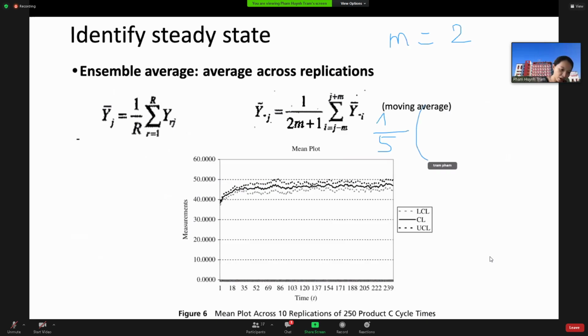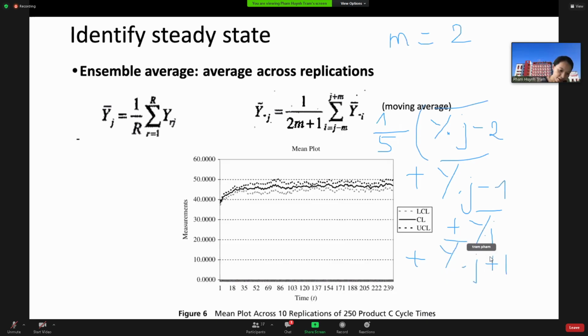It is the average of y_i for i equal to j minus 2, j minus 1, j, j plus 1, and j plus 2. So it is the average of 5, and it is still the ensemble average, but we move by 5 entities.